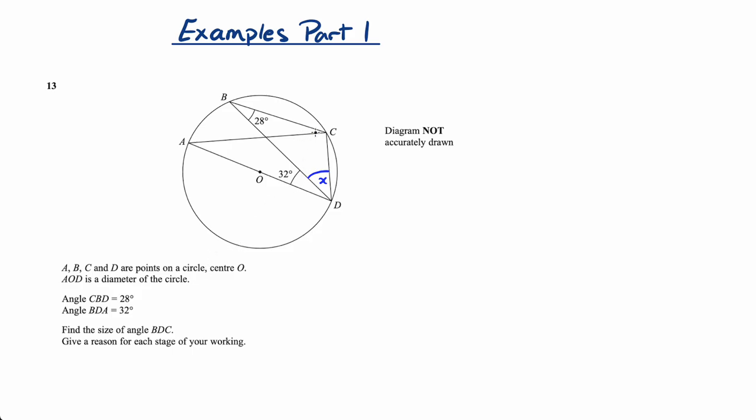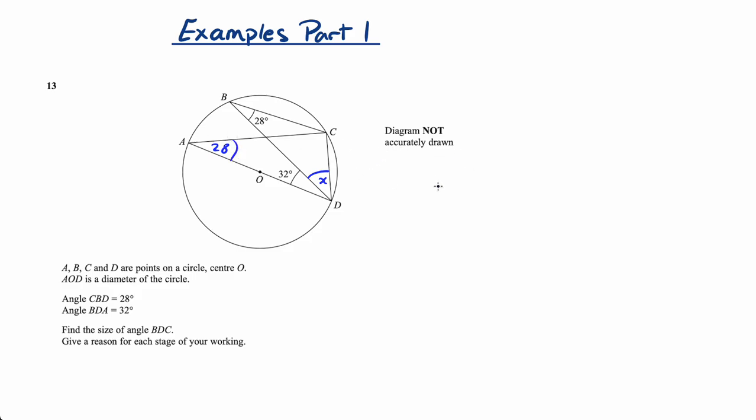So what do we know? Well, there are 2 circle theorems that stand out straight away to me here, guys. One is angles in the same segment are equal. See this 28 here? This guy is also 28.